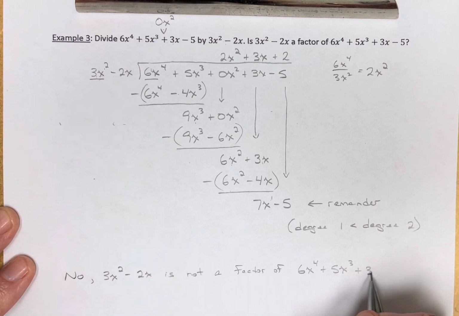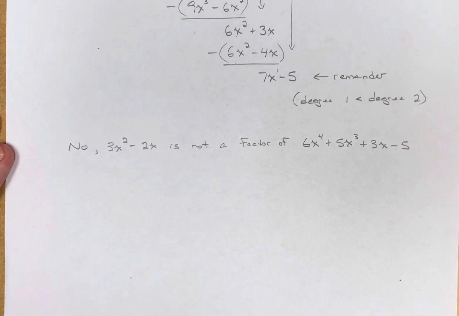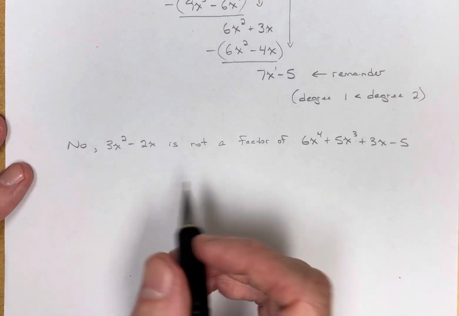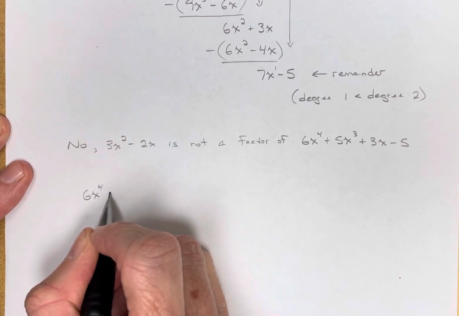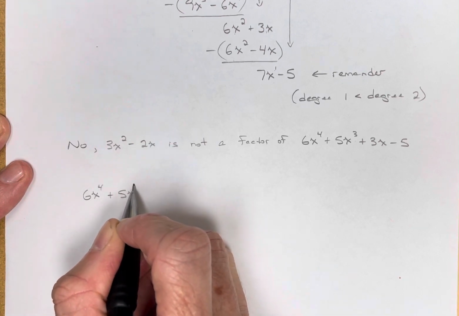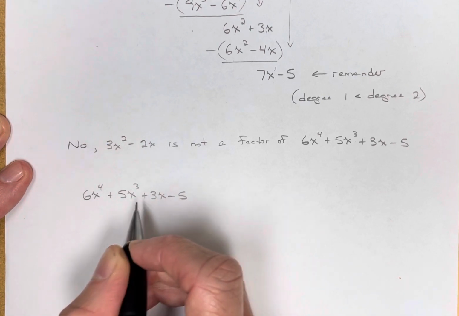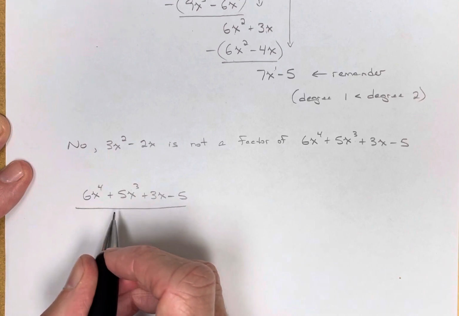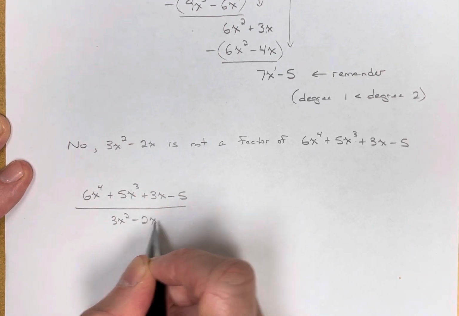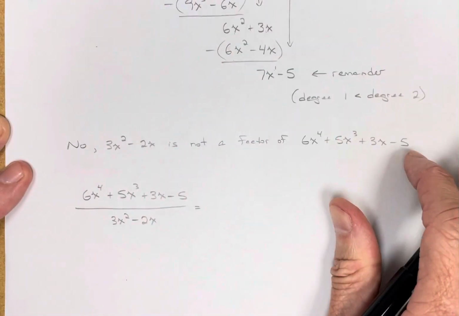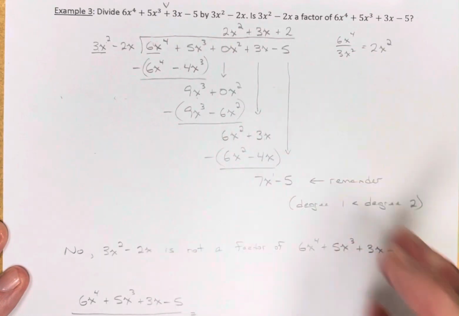plus 3x minus 5. Okay, now let's write that as we've written it before, kind of the whole division that we just did. We just did 6x to the fourth plus 5x cubed plus 3x minus 5. And we divided that by 3x squared minus 2x. And we got a quotient. This is the quotient right here.